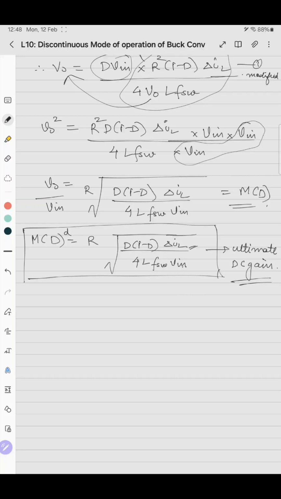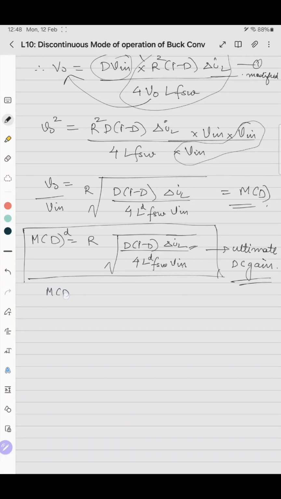So if you compare M of D for DCM with CCM, you can put the same value of F switching, V in, delta IL. The only thing that will change is LD. L will be LD.